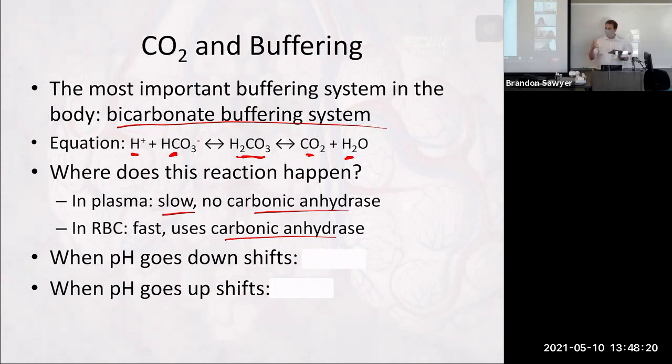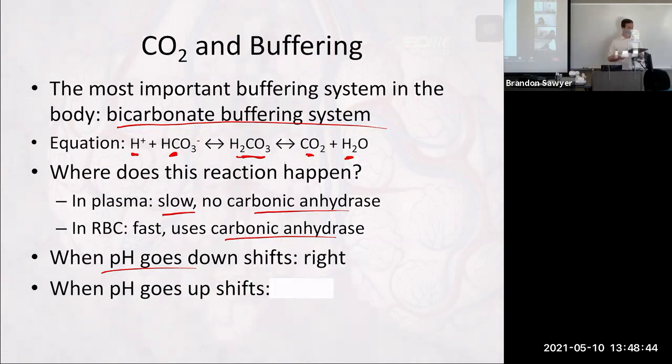When we're talking about the buffering function of this equation, this is back to the very first class of Bio 1030, where we talked about what happens if we put a strong acid into the solution that has this. Does it shift to the right or to the left? When pH goes down, meaning we increase the number of hydrogen ions, which way does that equation have to go?